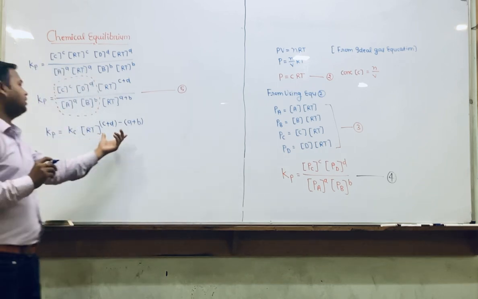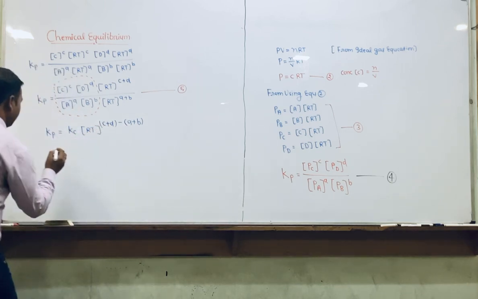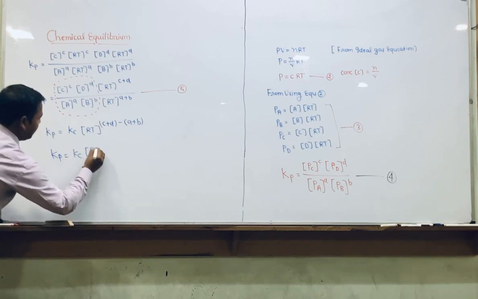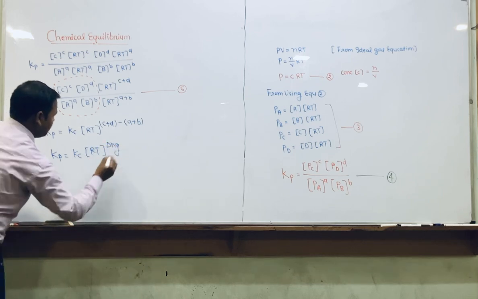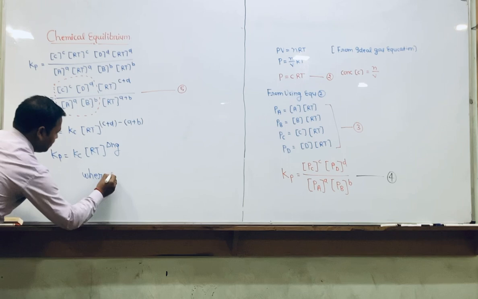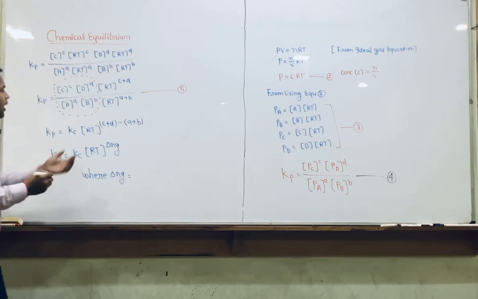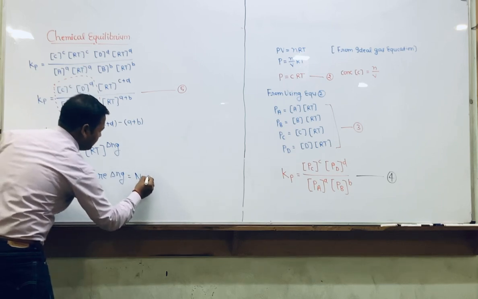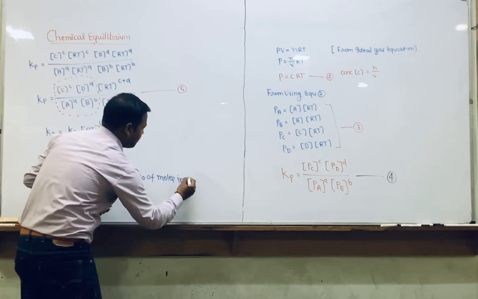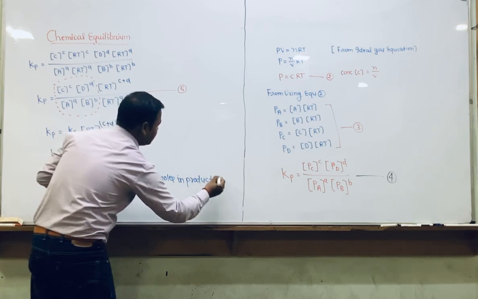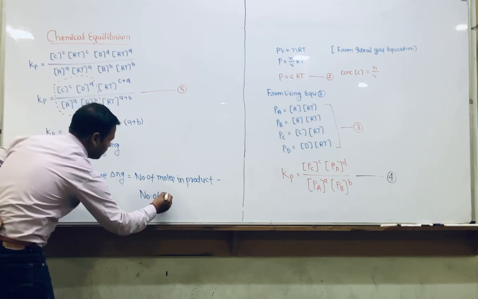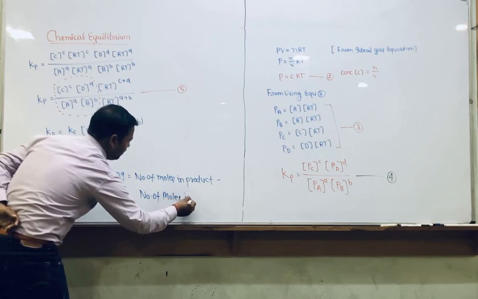We assume this is delta Ng, then Kp equal to Kc times RT to the power delta Ng, where delta Ng is the number of moles in products minus the number of moles in reactants.